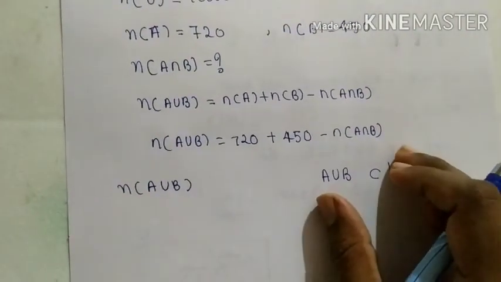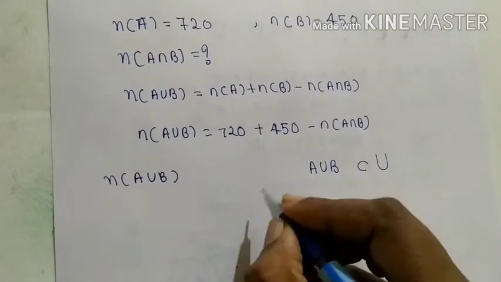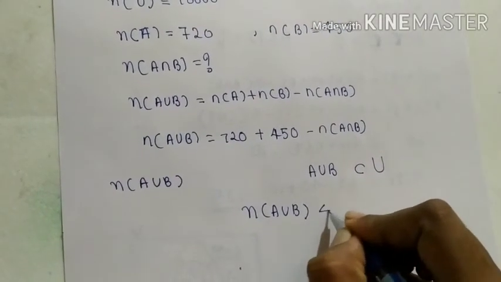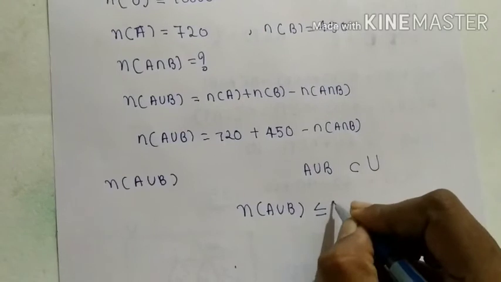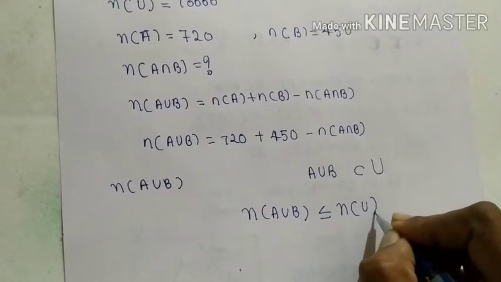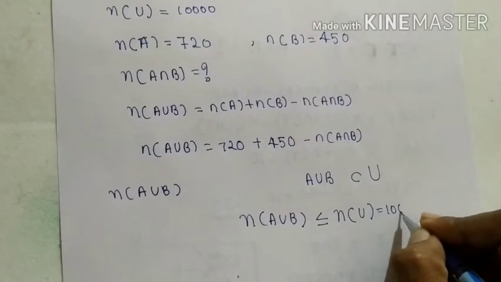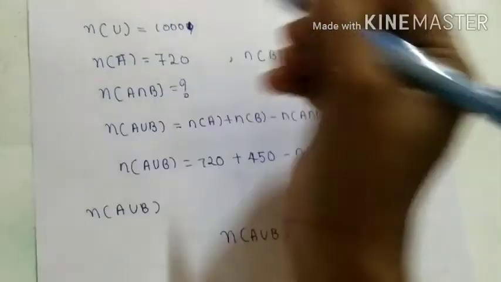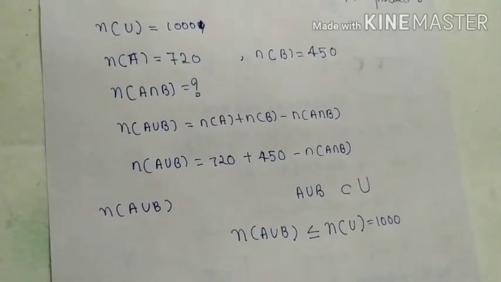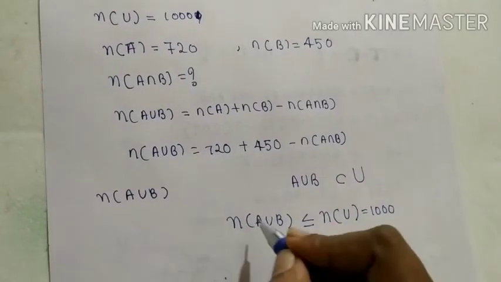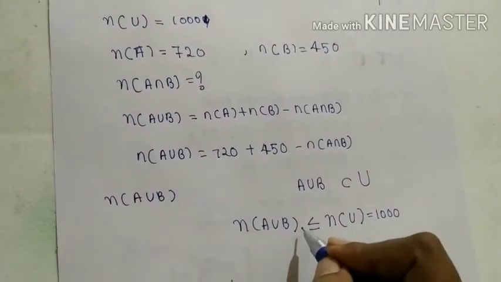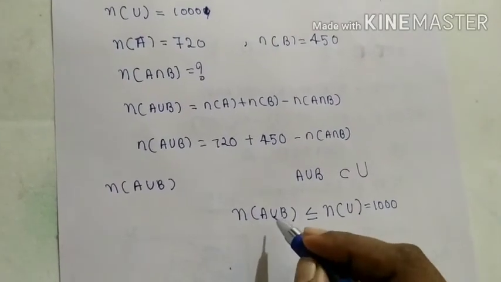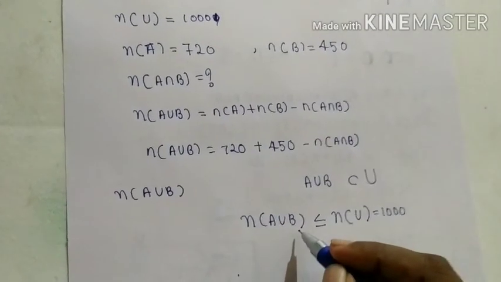From this we can write n of A union B must be less than or equal to n of universal set, which is given as 1000. So from this we can say that the maximum value of n of A union B is 1000.